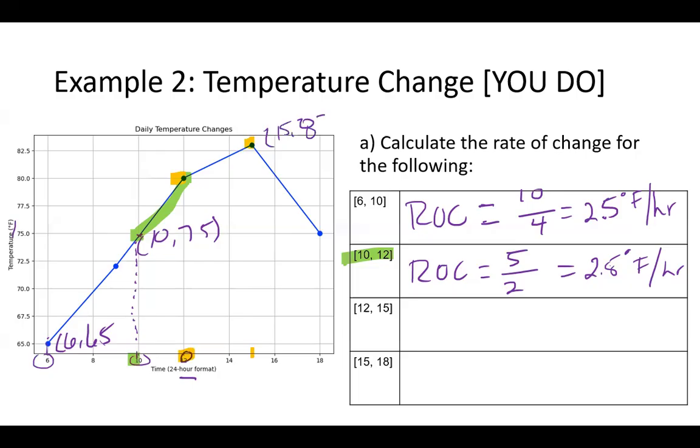We're going to make this 83. So our rate of change: change in my y is 3, and I went from 12 to 15, which puts me at 3. So my rate of change is simply 1 degree Fahrenheit per hour.